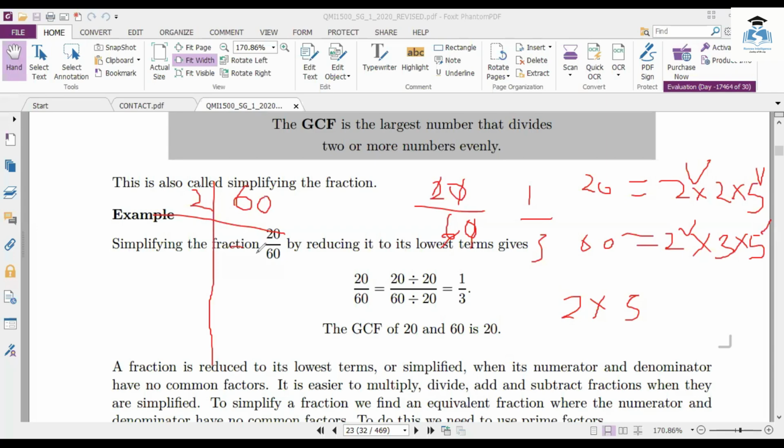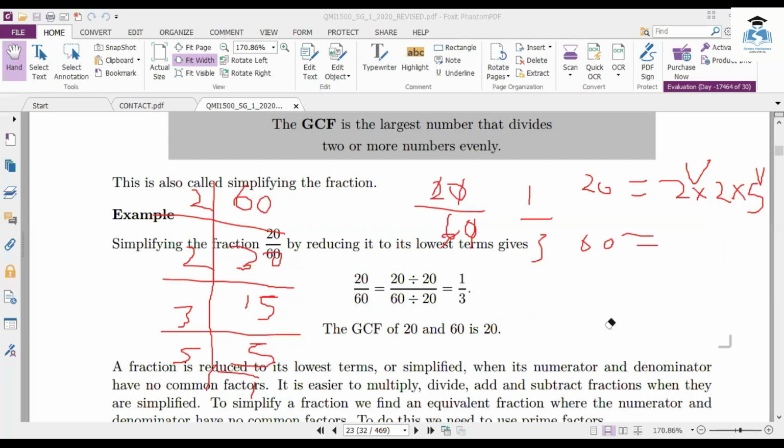So 2 into 60, that's 30. 2 into 30, 15. 3 into 15, 5, then 5, 1. So let's just fix this. 2 times 2 times 3 times 5. Now we look for the factors that are common everywhere.